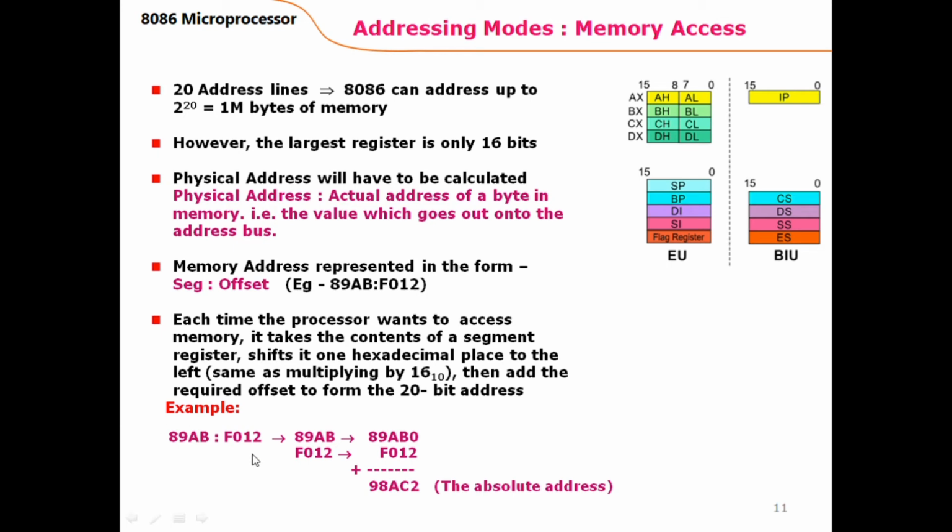The offset value, which is F012, is added to that value. This is a 20-bit value now. When this offset is added, we get the 20-bit physical address, or the absolute address, 98AC2. This is the 20-bit physical address in the memory where the byte of data has to be accessed.